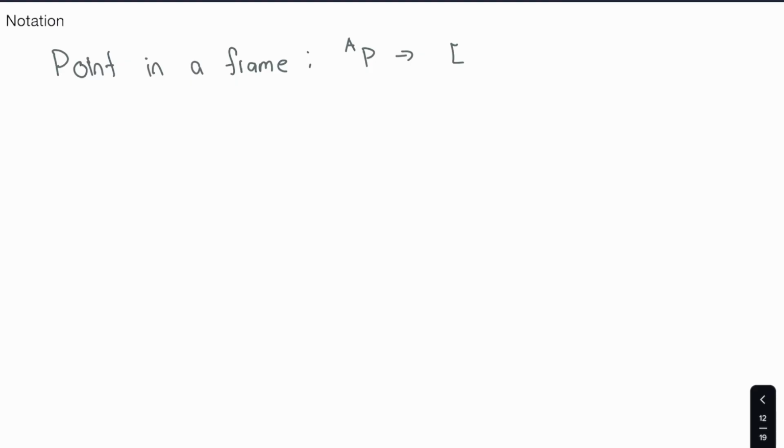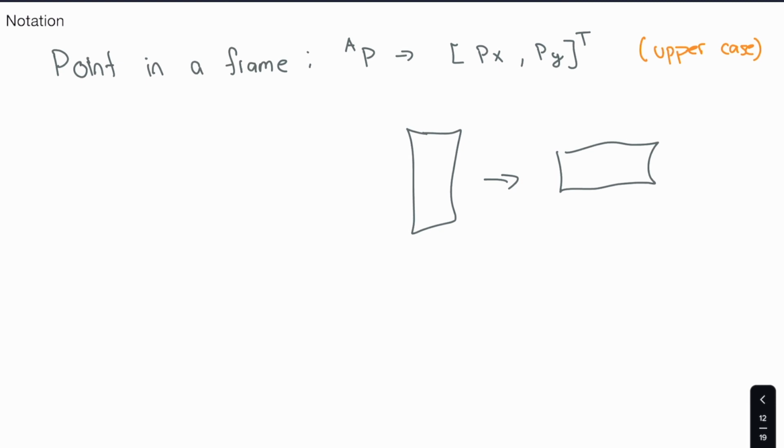It's going to be, for us, a column vector with that point's x-coordinate and that point's y-coordinate. And it's important to consider it a column vector, but I'll still usually write them horizontally just to save space on the screen. And here's just a note saying that the point is usually going to be an uppercase letter. This value here is the transpose, which just means it's going to take something shaped like this and turn it into something shaped like this. It's my way of writing this as a column vector but putting it horizontally.